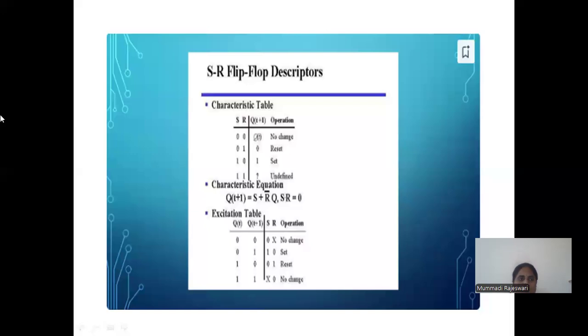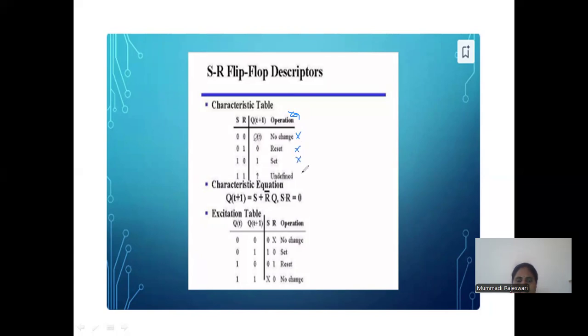See here, how we are calculating the excitation table through the truth table. Here we have both inputs and the next state. First see the present state. For the present state, we don't know the exact value, so even when both inputs are 0, 0, the present state is X only. Here also X only.